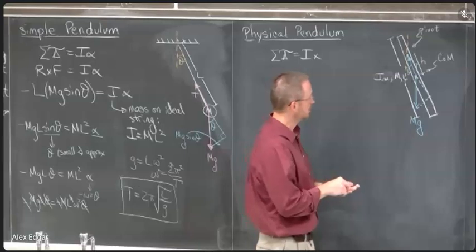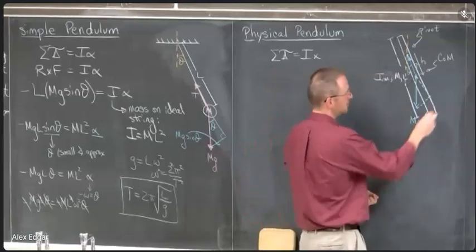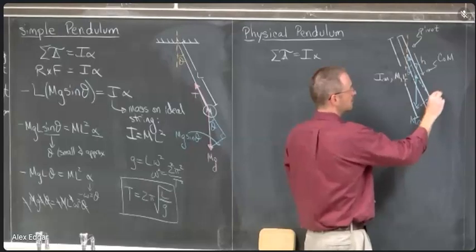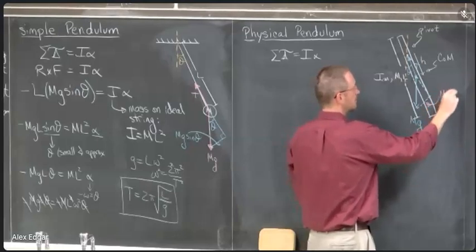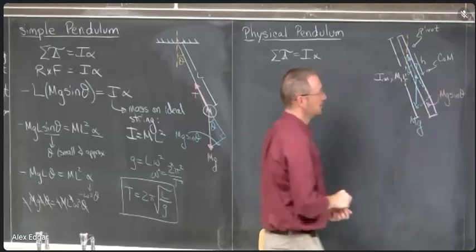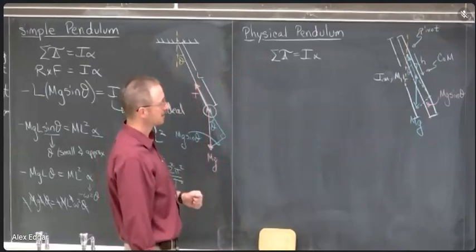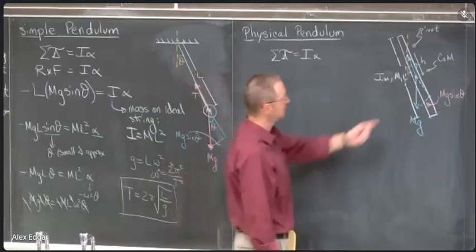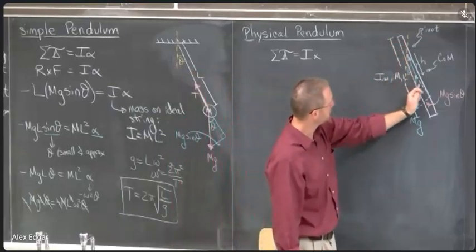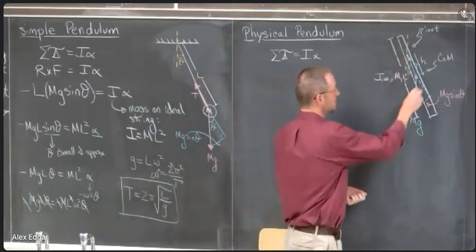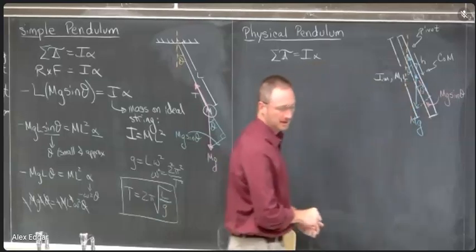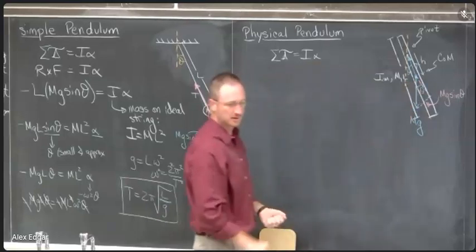Let's use red here. The part of the weight that will make this object oscillate is still the sine piece, because what we have is two parallel lines, two vertical lines cut by a transversal. So this will be the same angle theta inside our triangle there.